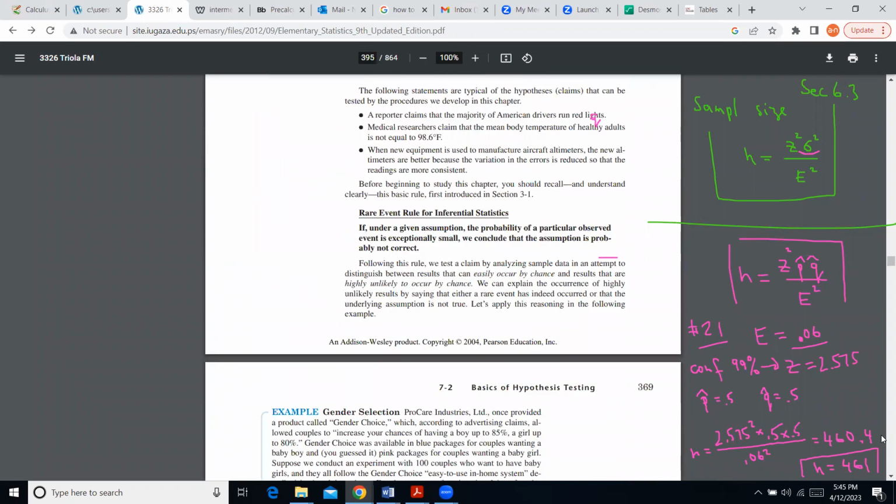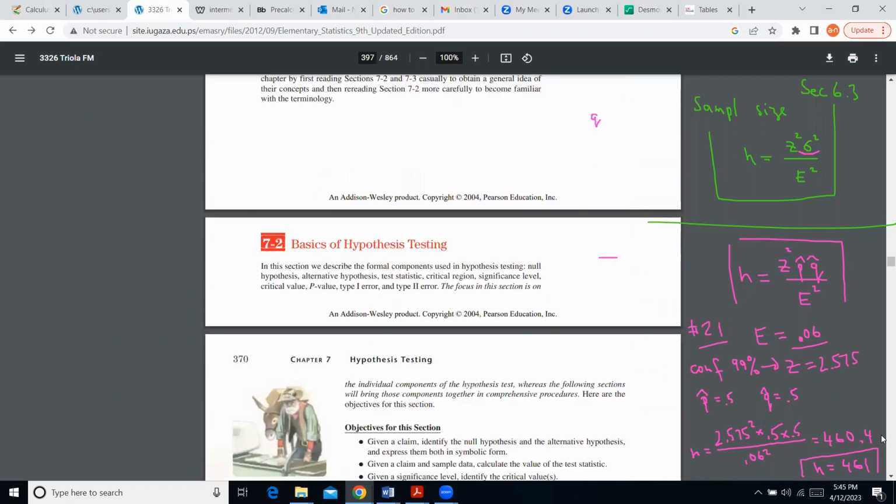And I think that's the key part of a statistics class, because you will be able to test any claim whatsoever.